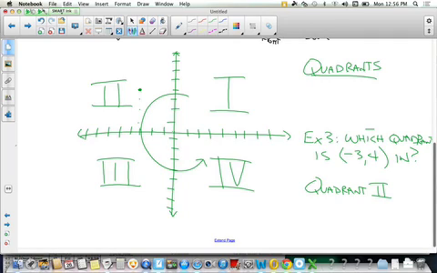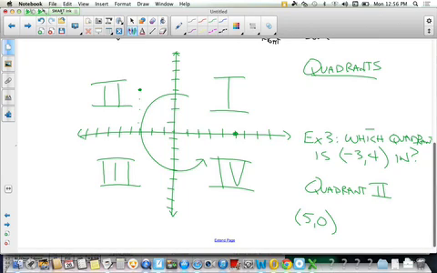Quadrant 2. Okay? Now, the only time we don't identify a point as being in a quadrant is if it lands on one of the lines. So if I had a point like 5, 0, and I was going to graph that point, 5, 0 would tell me I'm going to the right 5. 1, 2, 3, 4, 5. 0 tells me I'm not going anywhere up or down.